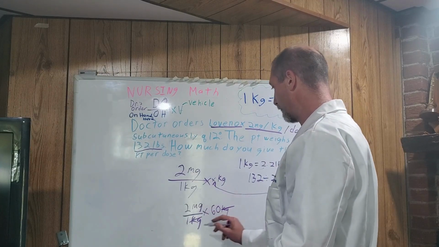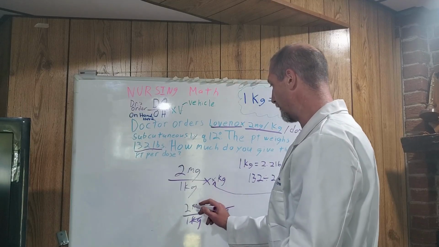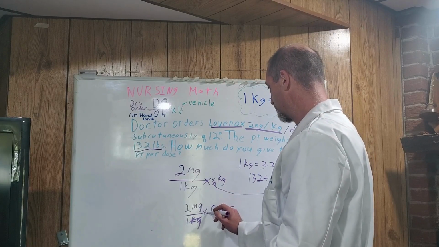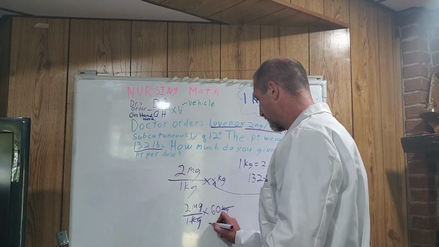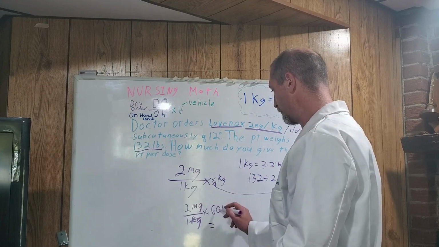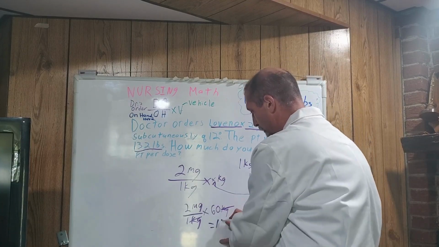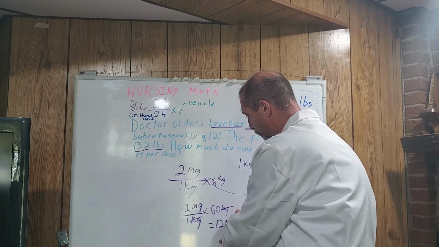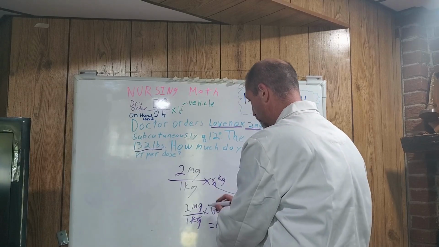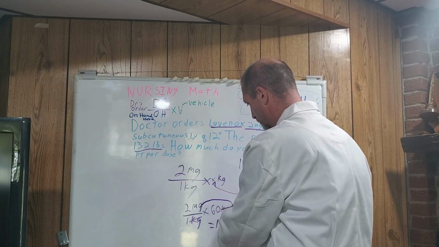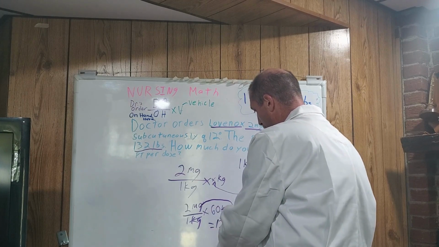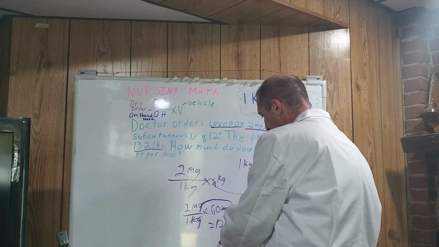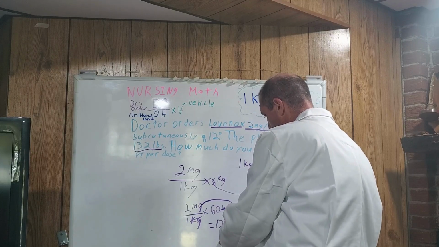That's going to cancel out our kilograms. So what's left is 2 milligrams times our patient's weight of 60. 2 times 60 equals 120. Kilograms are canceled out. We're going to give 120 milligrams per dose.